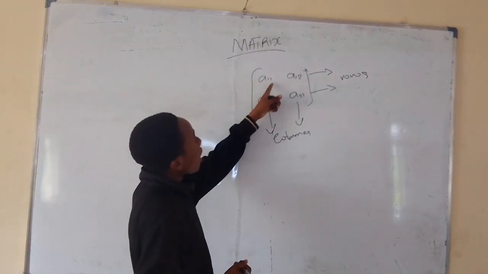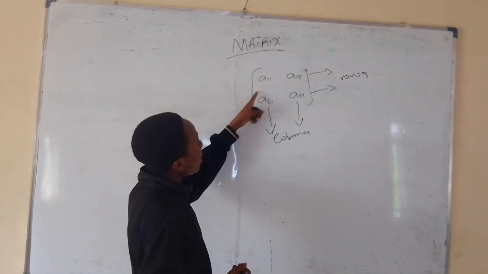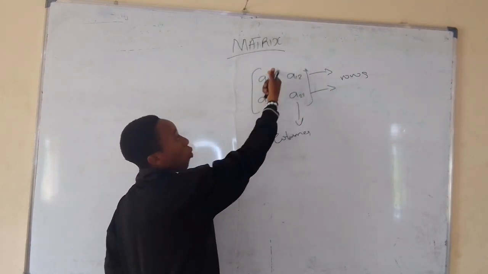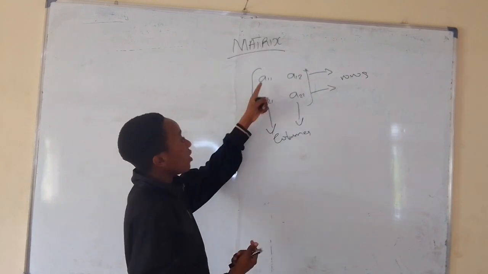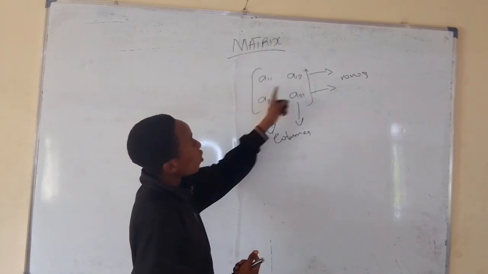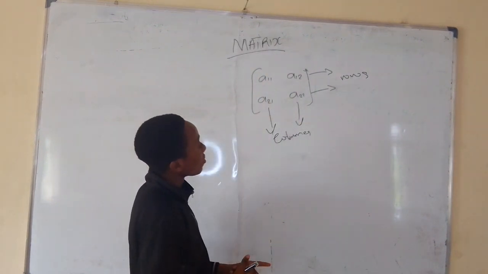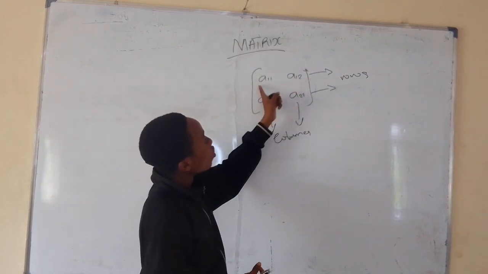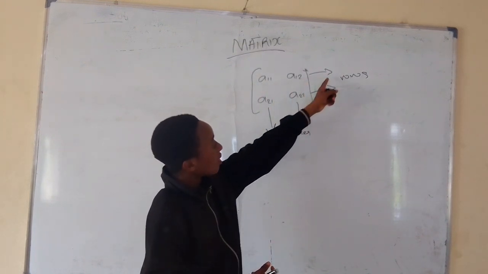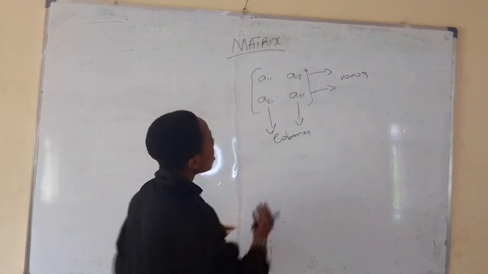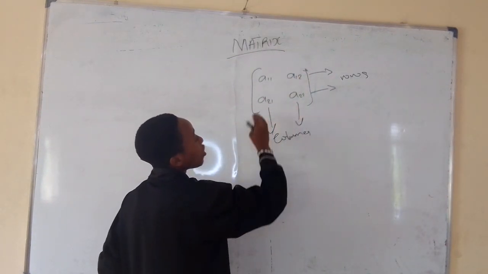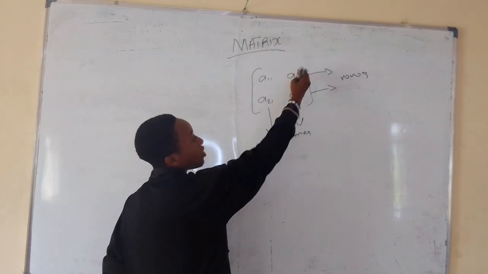So A11 means row 1, going like this, and column 1. So A11 is on row 1, column 1. A12 is on row 1, column 2. This is your first row, this is your second row, this is your first column, and this is your second column.